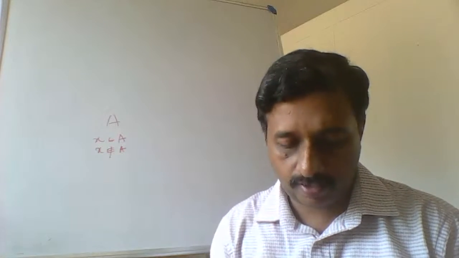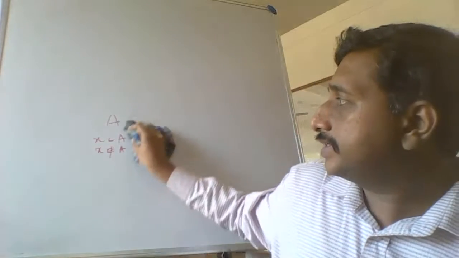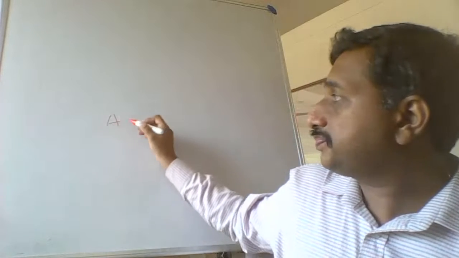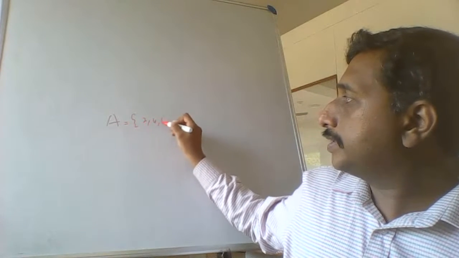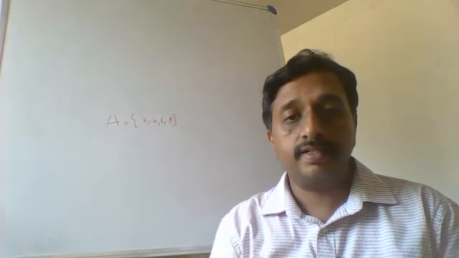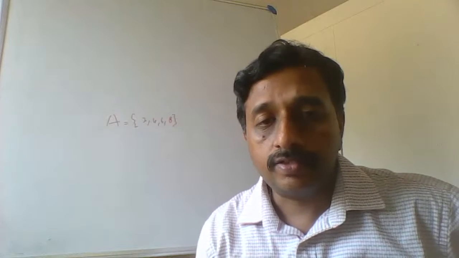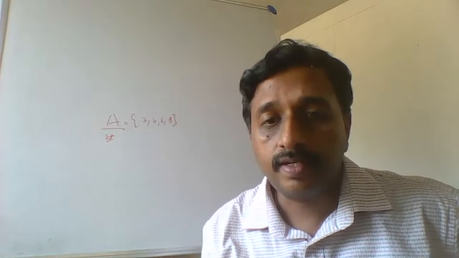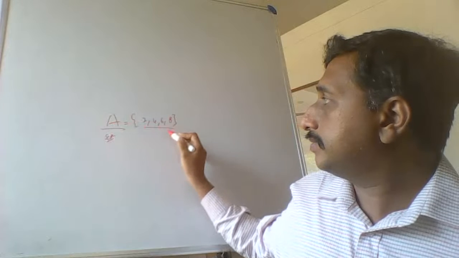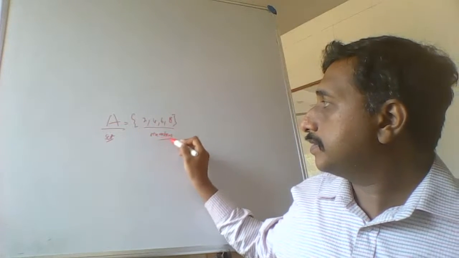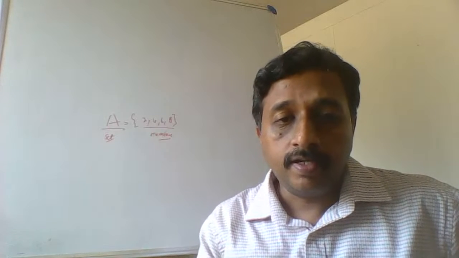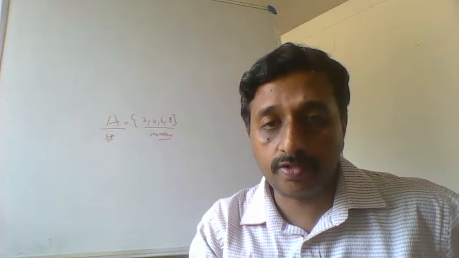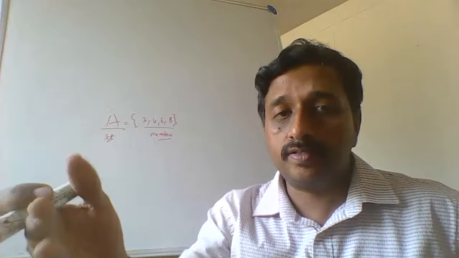For example, if I consider a set A which is equal to {2, 4, 6, 8}, this is the notation of the set, capital A, and the elements or the members of that set belong to it.